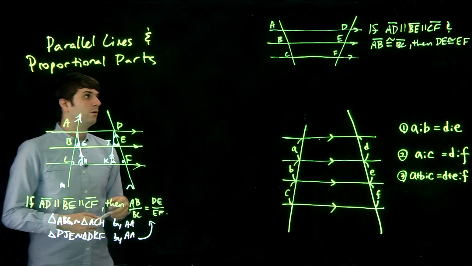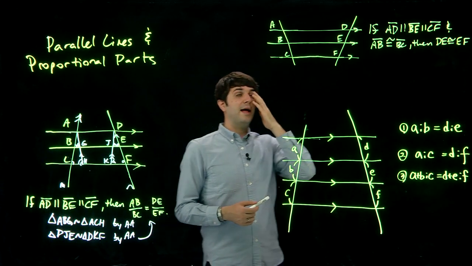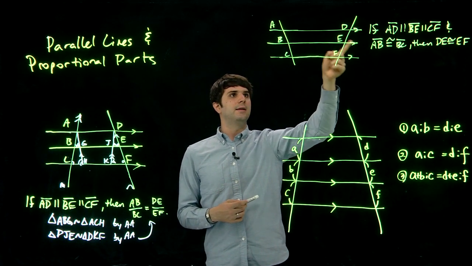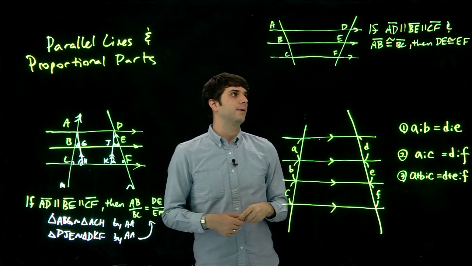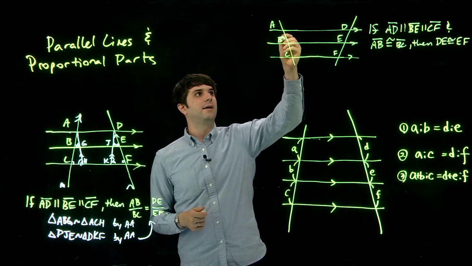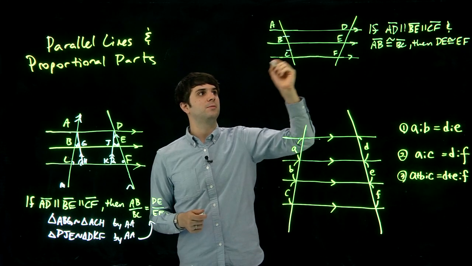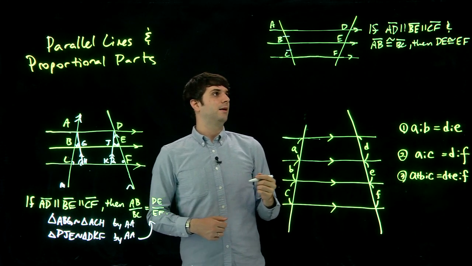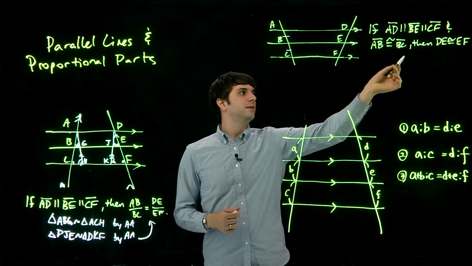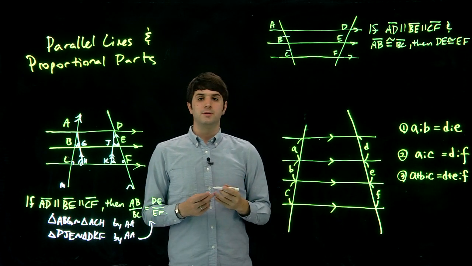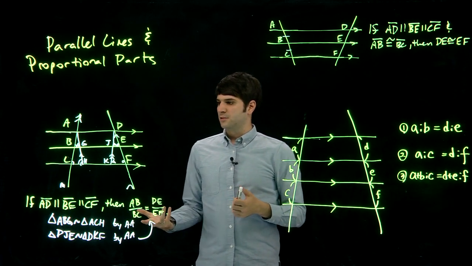Okay. So moving up here then, if AD and BE and CF are all parallel, and if AB is congruent to BC, then what it says is DE is congruent to EF. Now, I think this logic applies.